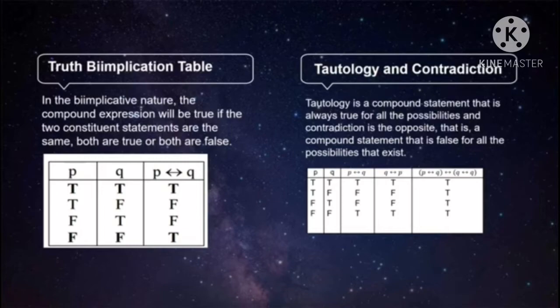Number 8, tautology and contradiction. Tautology is a compound statement that is always true for all the possibilities, and contradiction is the opposite. That is a compound statement that is false for all the possibilities that exist.